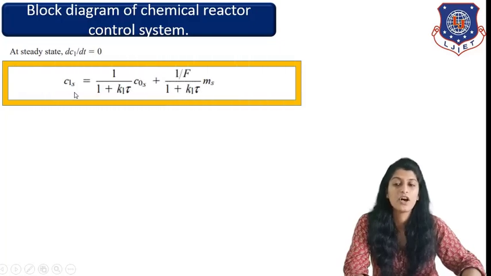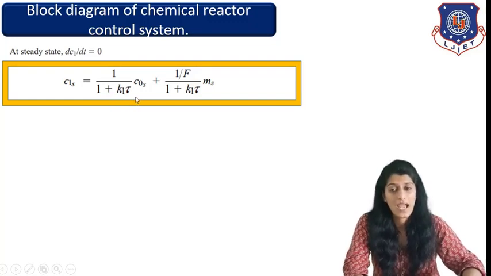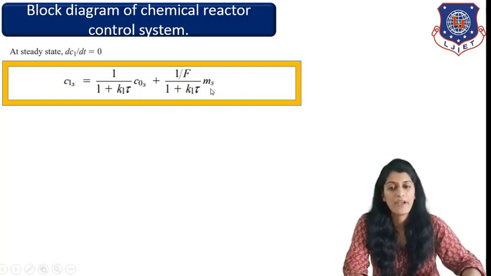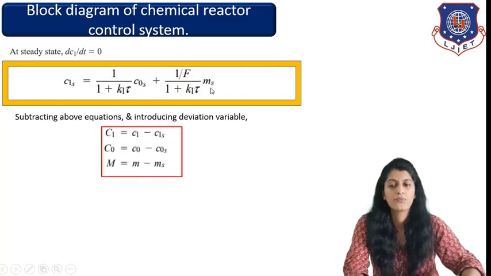So, C1 of S, that is at steady state condition, 1 upon 1 plus K1 tau, C0S plus 1 by F, 1 upon 1 plus K1 tau, M of S is equal to this.